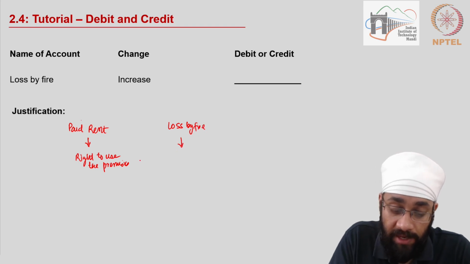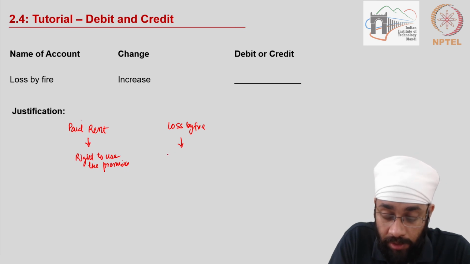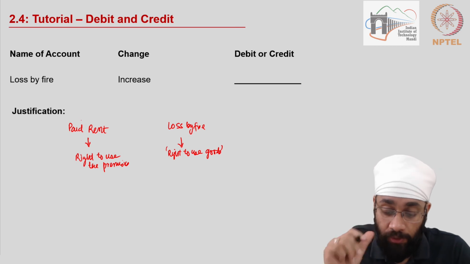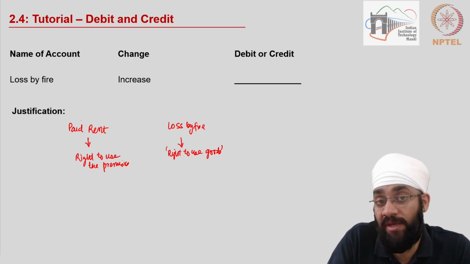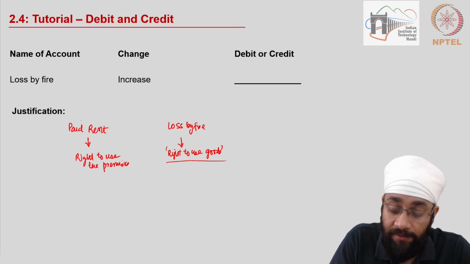Let's say your goods have been burned. So what you lose is the right to use the goods. Let's say your stock has been fired. So the right to use the goods goes away, it vanishes, because you lost the goods by fire.